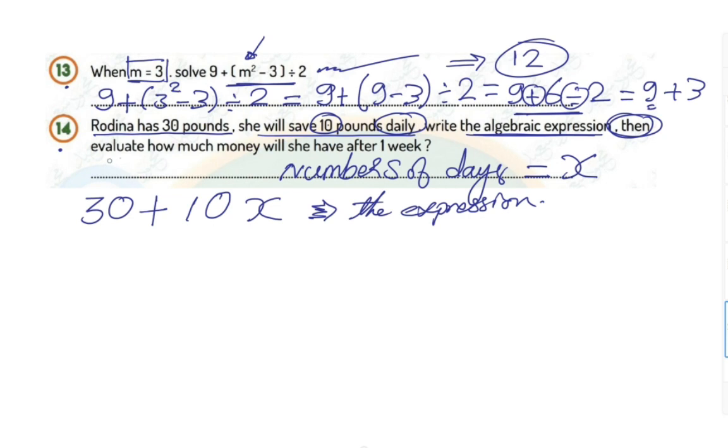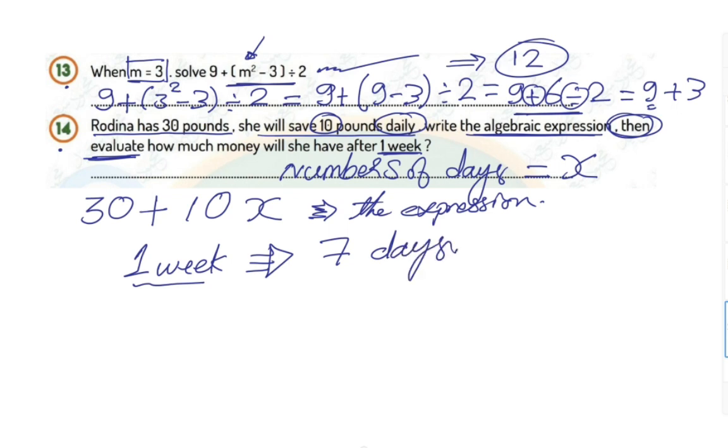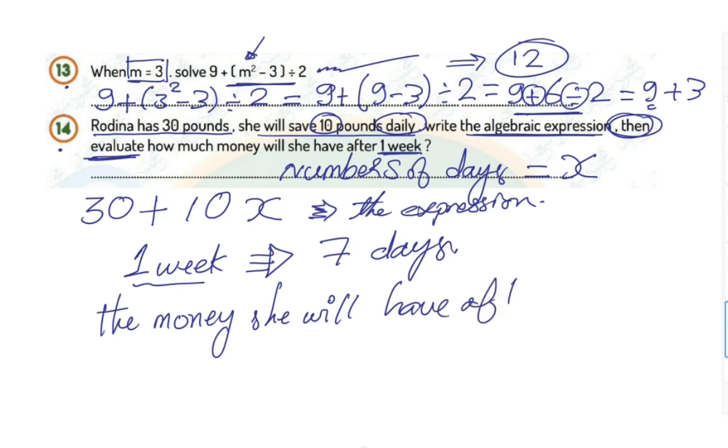Okay, then evaluate. That means find the value. How much money will she save or have after 1 week? We know how many days are in 1 week? We have 7 days. Okay, right. Now, the money she will have after 1 week equals what?